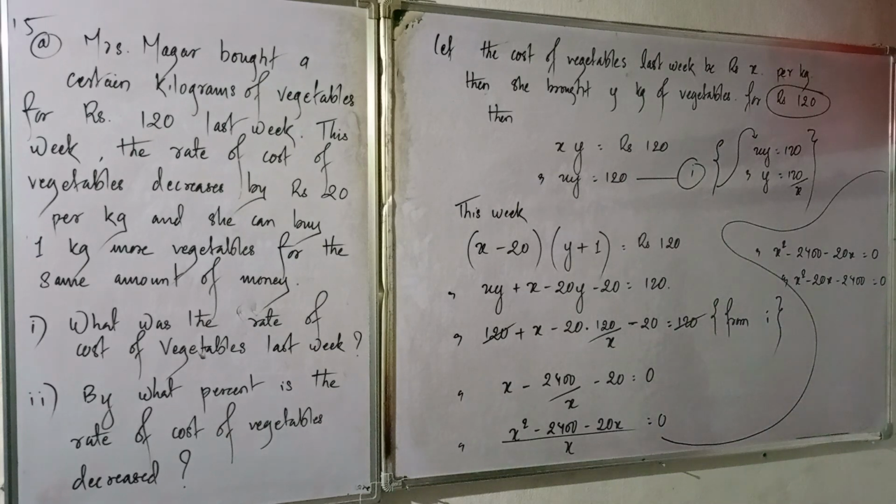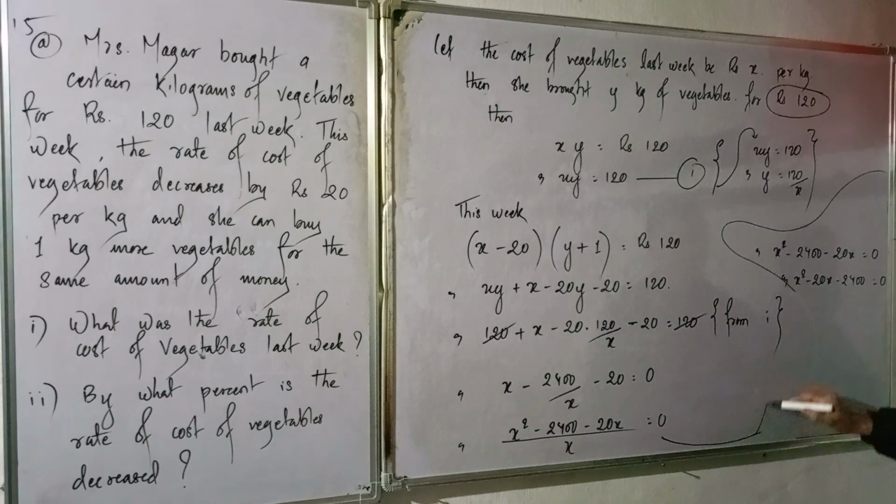Now you just factorize that part. 60 times 40 is 2400, and 60 minus 40 will be 20. So x square minus 60x plus 40x minus 2400 equals to 0.